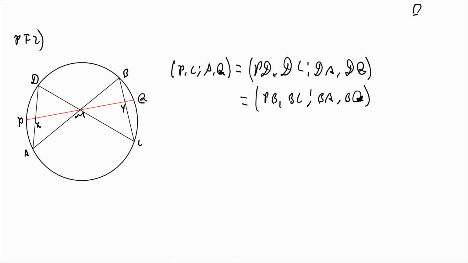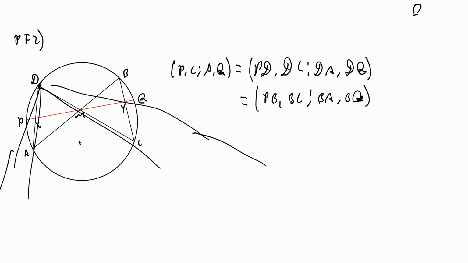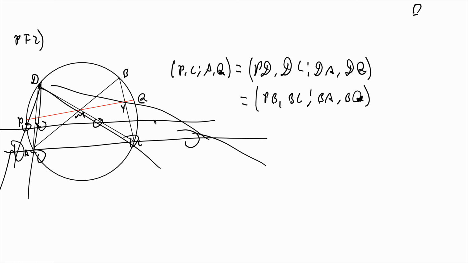Now, let's take a look at this one. PD, DC, this one. The cross ratio of these 4 is equal to the cross ratio of these 4, 1, 2, 3, 4. That is equal to these 4, 1, 2, 3, 4. That is equal to this one. Nice.